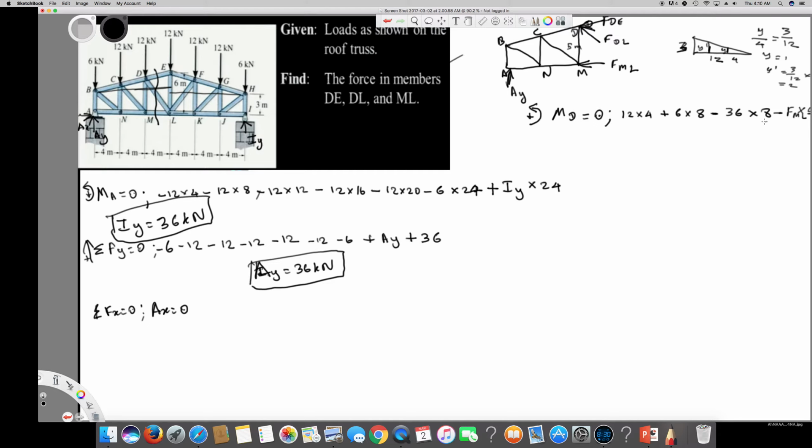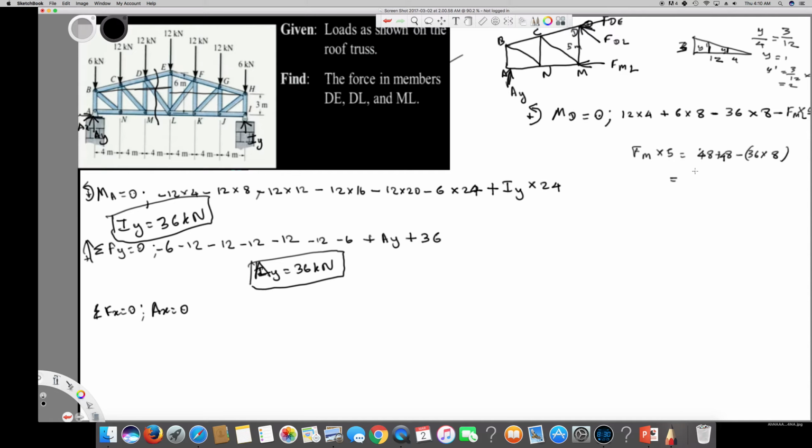I have to know the horizontal, so if I calculate, I will end up with FML times 5 equal to this whole thing: 12 times 4, 48, plus 48, minus 36 times 8.